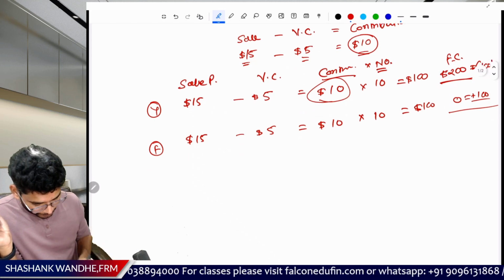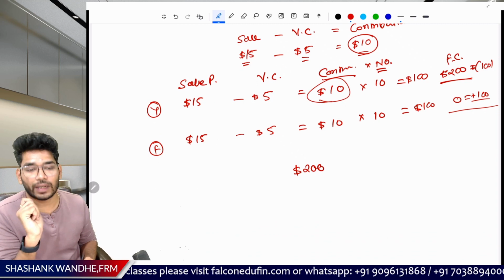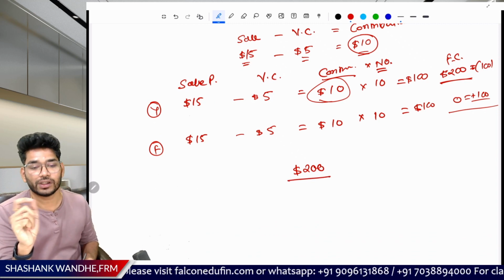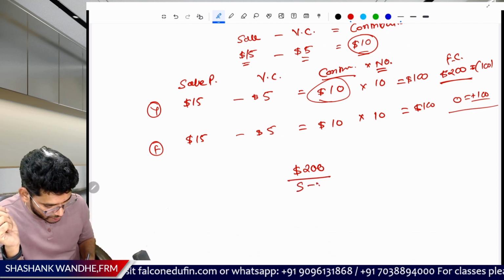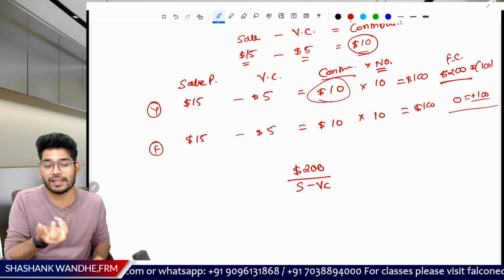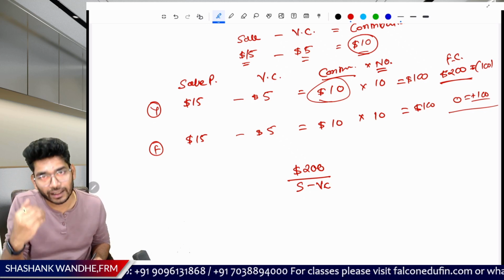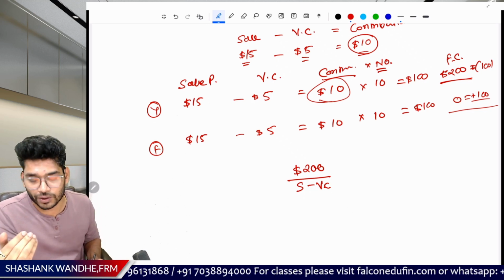Now see here, your fixed cost is $200 and your contribution is simply the sale minus variable cost. Remember, the sale minus variable cost is the contribution. This contribution is the surplus you are generating by selling each extra unit of goods.